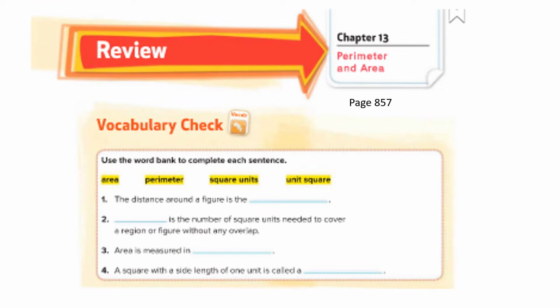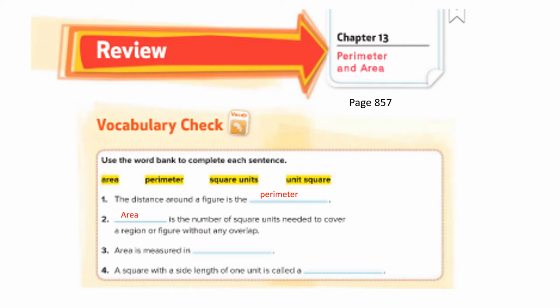The distance around a figure is the area, perimeter, square units, or unit square. What do you think, everybody? You are correct. It's the perimeter. Blank is the number of square units needed to cover a region or figure without any overlap. What would be the correct answer there, everybody? You're right. It's area.